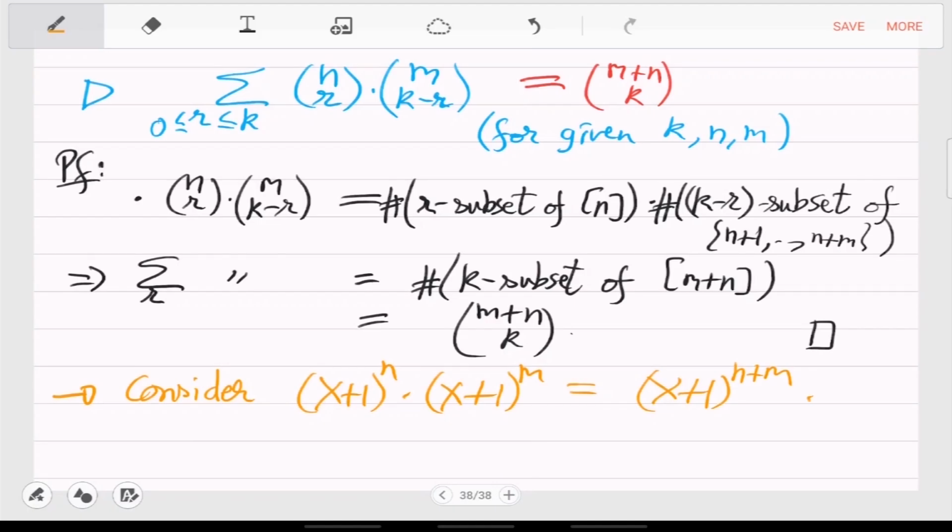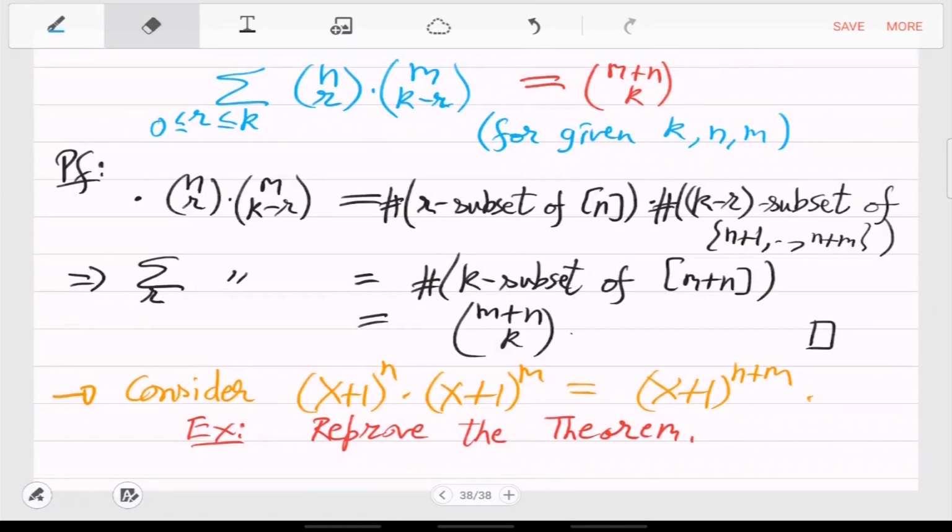So as an exercise, stare at this product and from it derive the identity. Let's call this a theorem. Algebraically you can also prove this. Semantically it's the same proof.